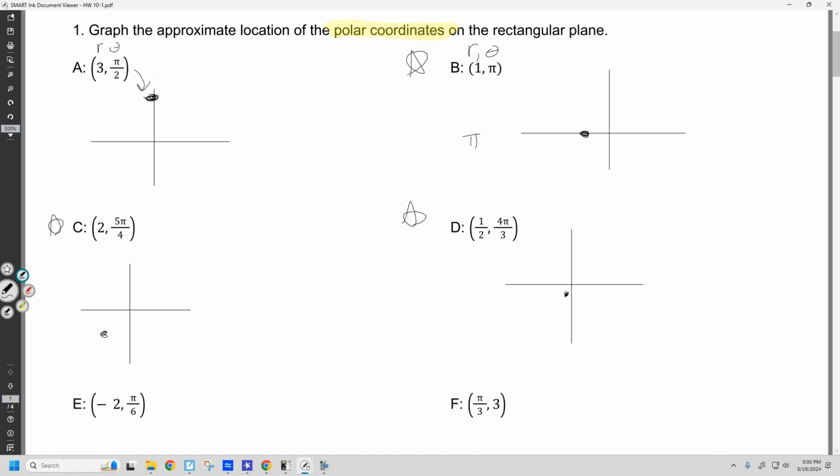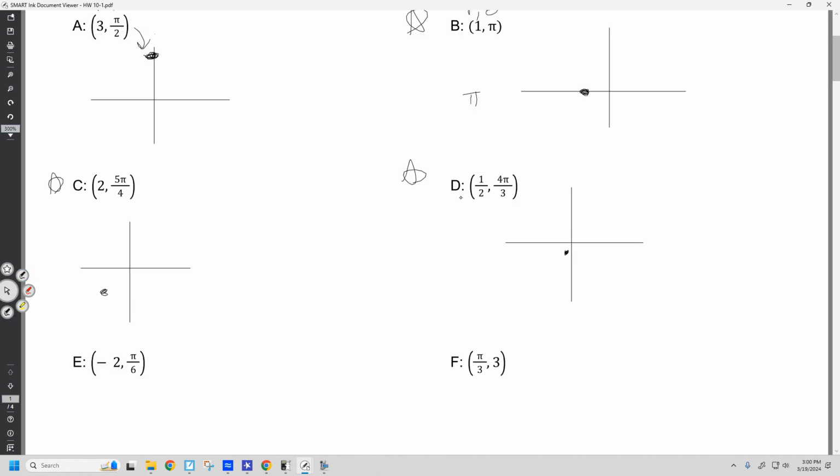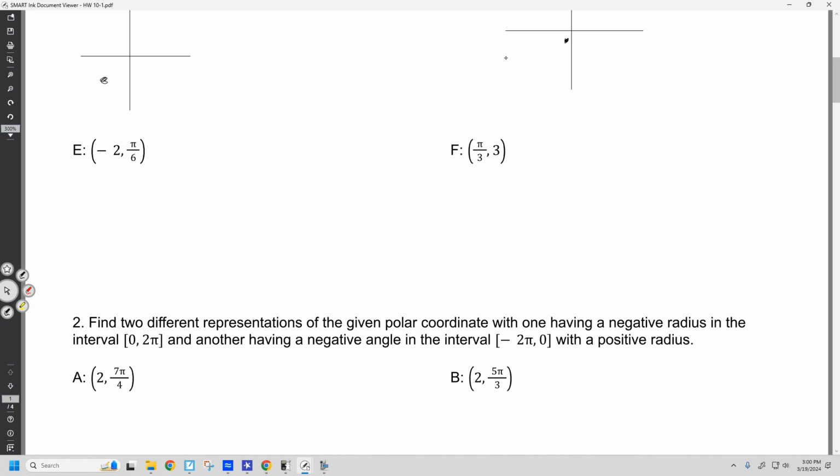Cool. Now we get to E and F, and they're trickier. First, let's talk about what happens if our radius is negative. Everybody, tell your neighbors, what happens if your r is negative? Yeah, it ends up going in the opposite direction of your terminal ray.